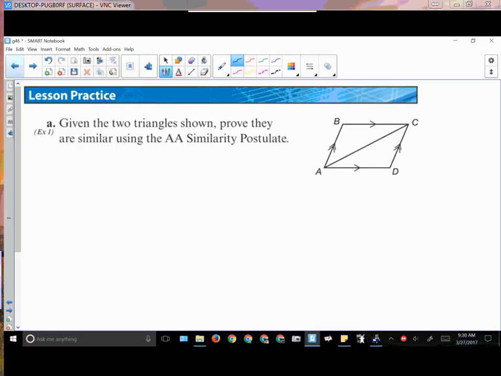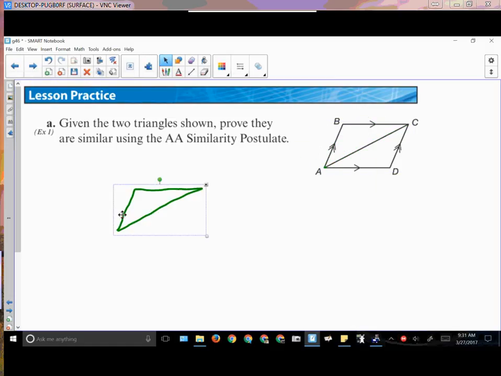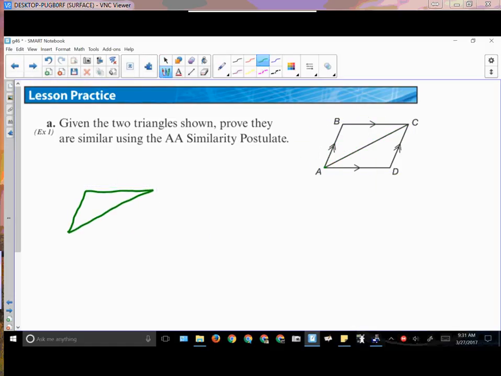So I need to prove that two triangles here, in other words, this triangle right here from A, C, and B, and this one down here, are similar.